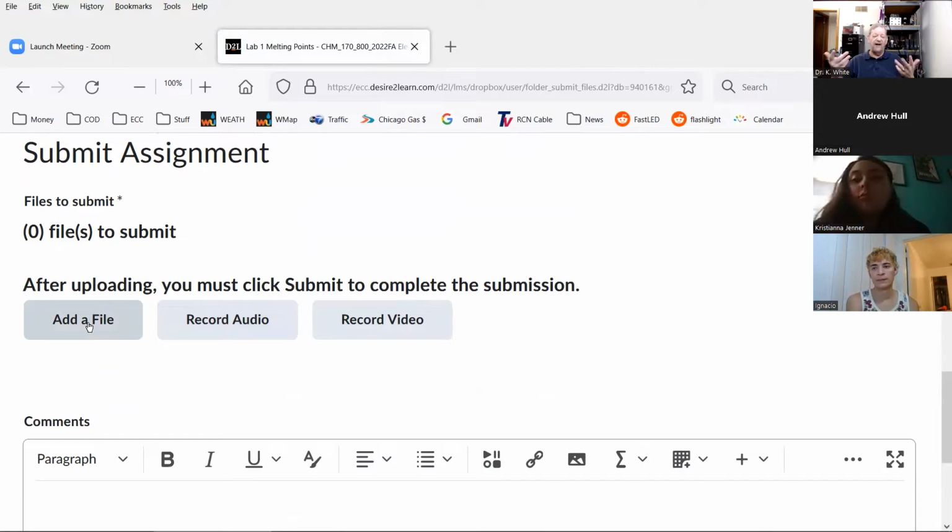This will open up an interface to allow you to pick a file from your computer. I have instructions on how to make a PDF file, or you can open up the Word document that I provided, and you can type things in. If I ask you to draw structures, if you can draw them in, fine; otherwise you're going to have to write it on paper.